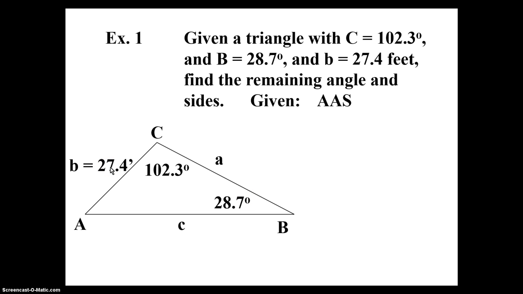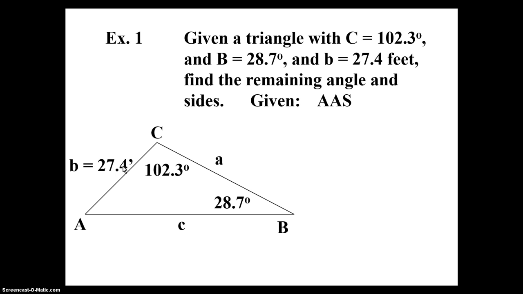This goes back to geometry, when you had to learn all those theorems and do proofs. This is an angle, angle, side kind of triangle. Because it is classified as an angle, angle, side triangle, we can use the law of sines ratios.